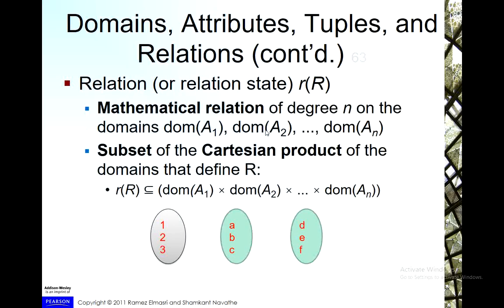The mathematical relation of degree n on the domains A1, A2, A3 is a subset of what we call the Cartesian product of these domains, such that the Cartesian product is the number of records or rows in one relation multiplied by the number of rows of another relation.